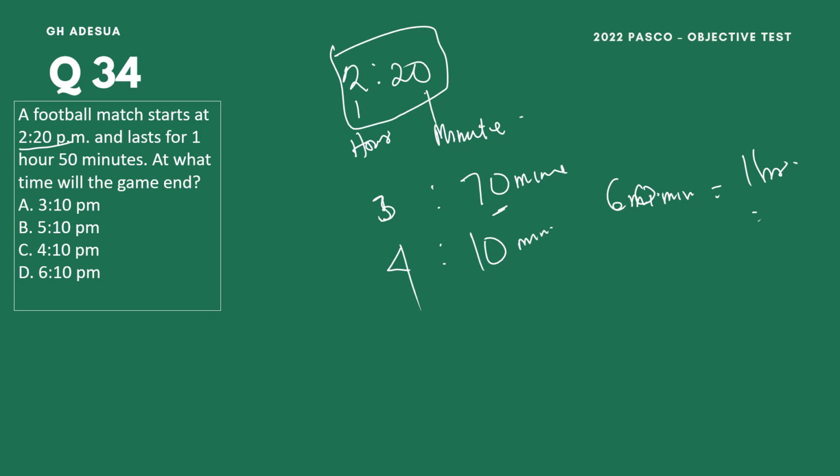So we have 4 hours and 10 minutes as a remainder. If we want to write this as our time, it becomes 4:10. The time the game will end will be 4:10 p.m. That is C.